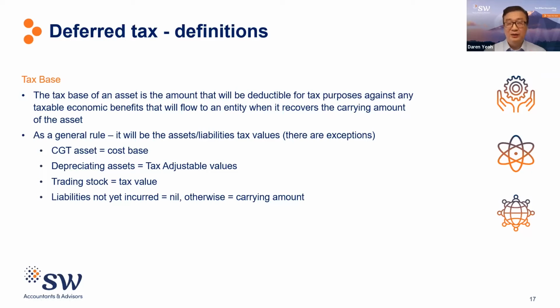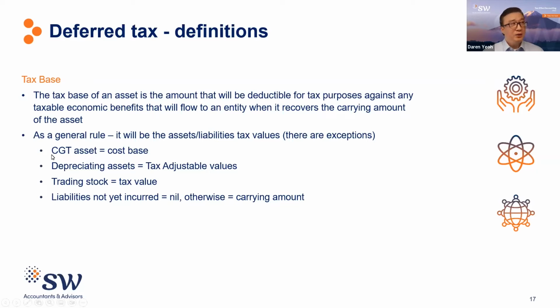So in that scenario, the tax base of that liability will equal the carrying amount. So no different from what you have in your trial balance. Now, certain liabilities, you get a deduction when you pay it out. For example, an annual leave provision or a superannuation accrual or audit fee accrual. In that situation, the tax base of that liability would be 0.